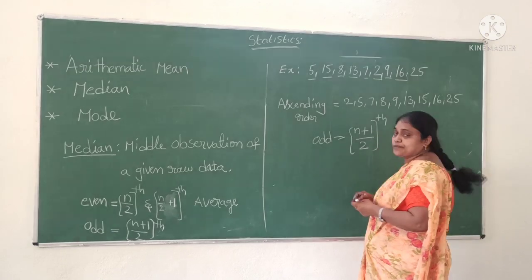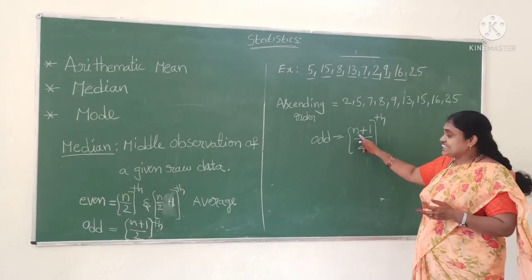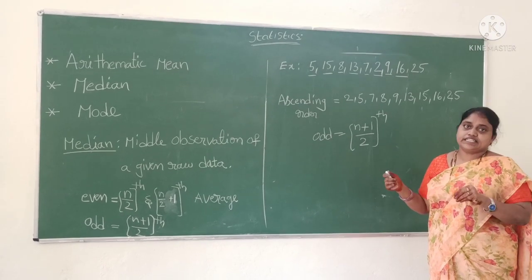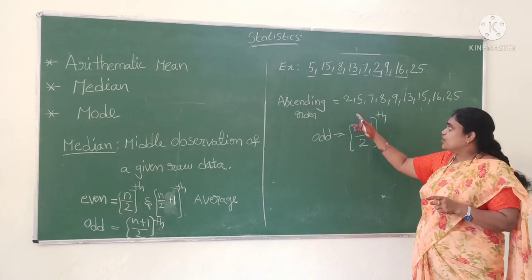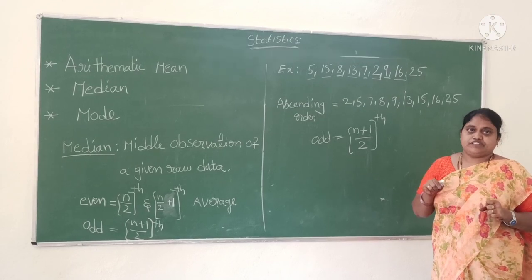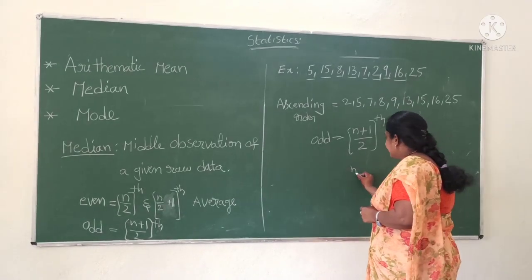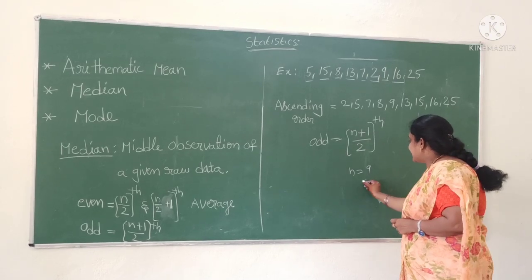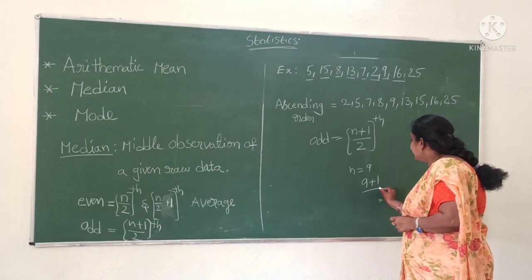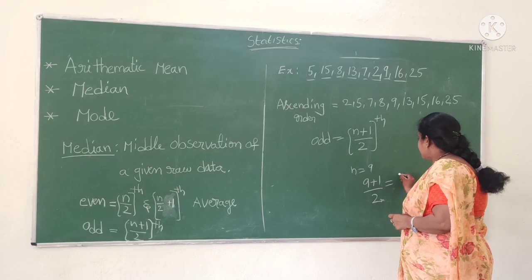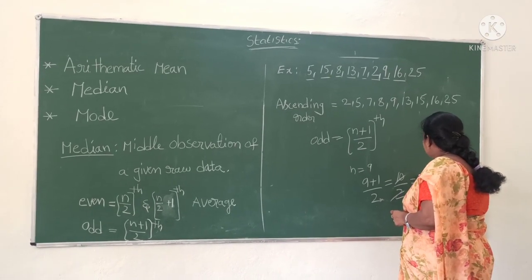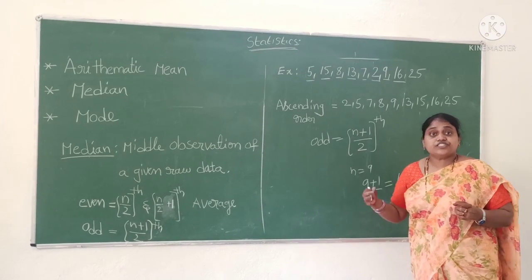Here n is the number of observations in that data, which is 9. Then 9 plus 1, 10 by 2, so the fifth observation is the median of the data.